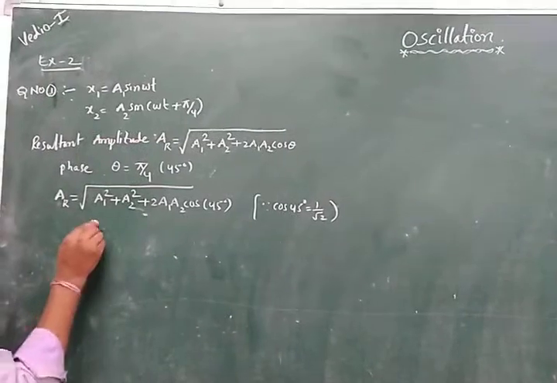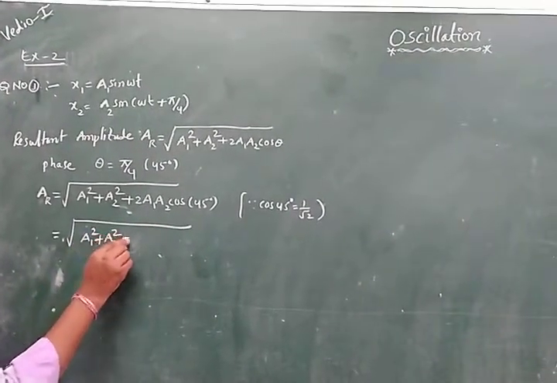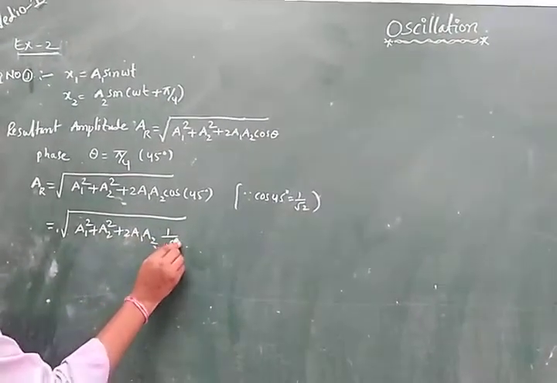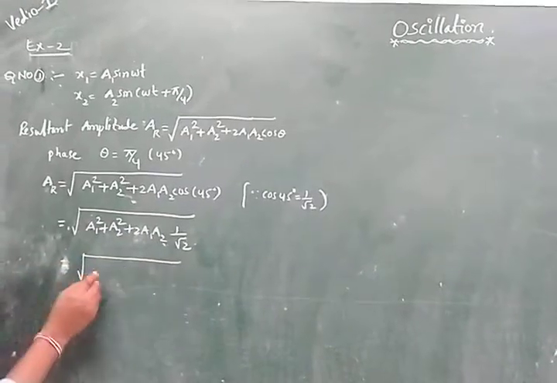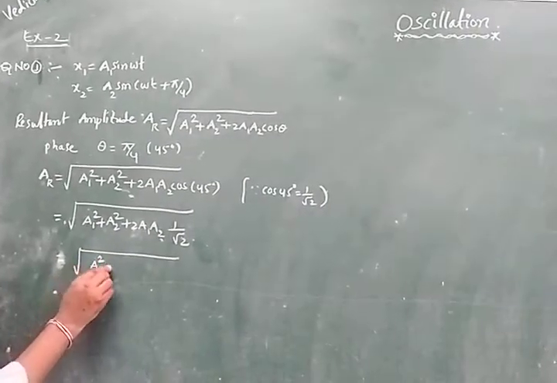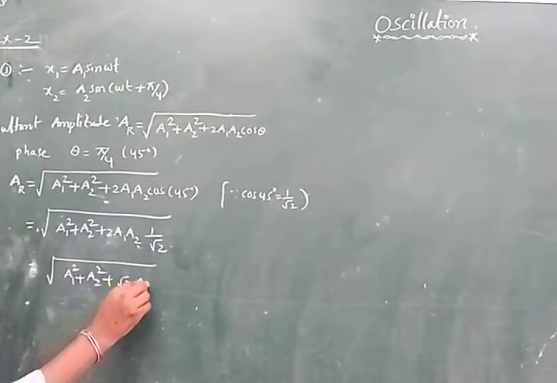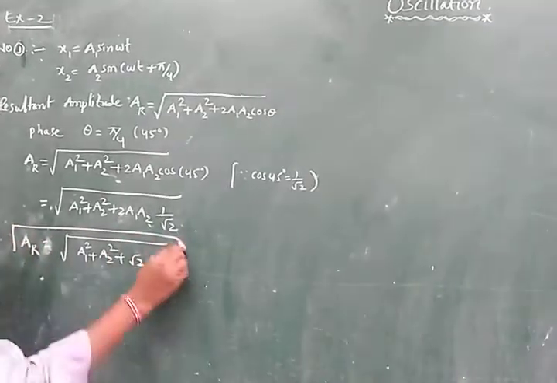Substitute here: under root of A1 square plus A2 square plus 2 A1 A2 into 1 by root 2. Now it cancels, so it is equal to under root of A1 square plus A2 square plus root 2 into A1 A2, which is the resultant amplitude.